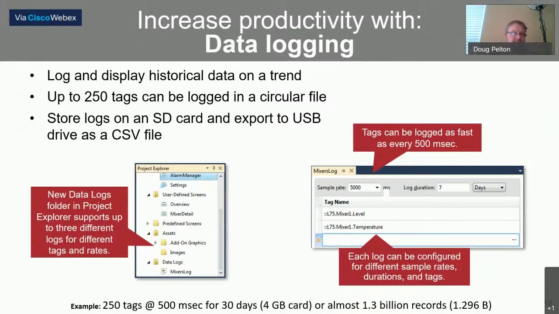So you can, as it says here, create new data logs. There's a new data log folder. It supports 3 different logs for different tags and rates. And tags can be logged at 500 milliseconds, as fast as we can log a tag. And you can configure different tags for different sample rates as well.